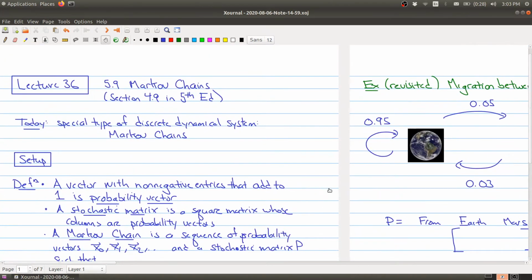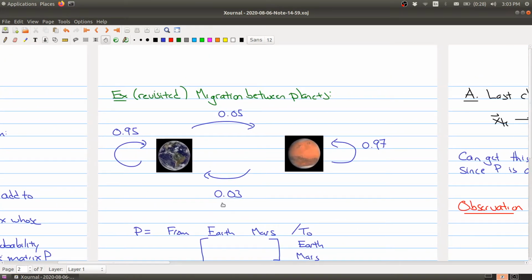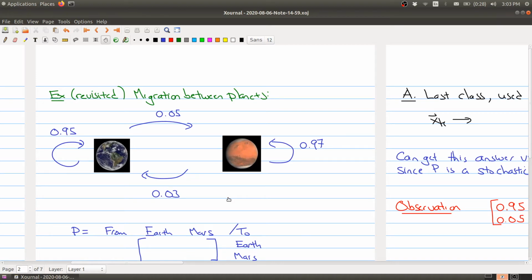Now it turns out that the example we were looking at last time, migration between Earth and Mars, is actually an example of a Markov chain. Remember the setup: Earth on the left-hand side, Mars on the right-hand side. 5% of the population of Earth moves to Mars in a given year, and 3% of the population of Mars moves back to Earth. The rest, 95%, stay on Earth, and the remaining 97% on Mars stay on Mars.